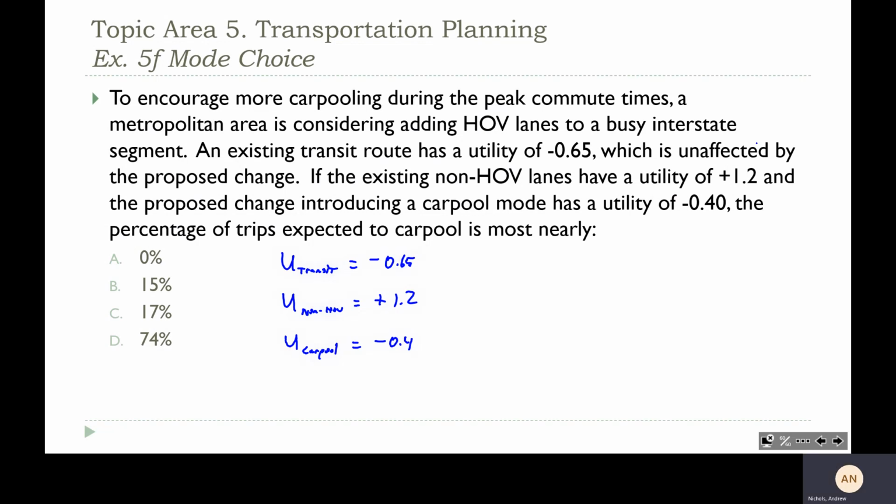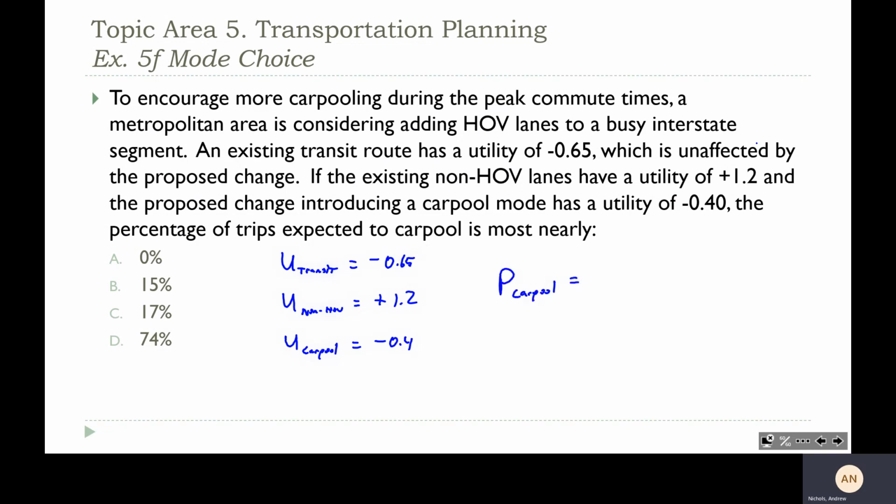So they must just be adding the lanes, not repurposing existing lanes. So we have three modes here that we need to account for. So we want to know what is the percentage of trips expected to carpool. So we want to know what's the percent carpool.